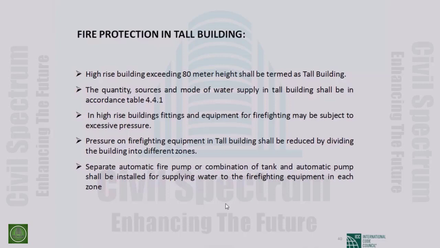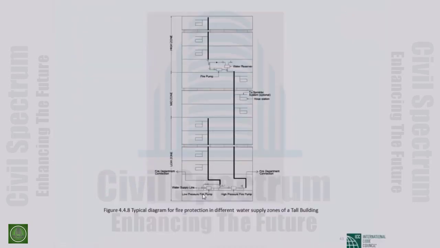A separate automatic pump or combination of tank and automatic pump shall be installed to supply water to the firefighting equipment in each zone. This is an idea of the fire pump. Up to a certain height, you design as I described before. For the high-rise one, you need a cascading system.